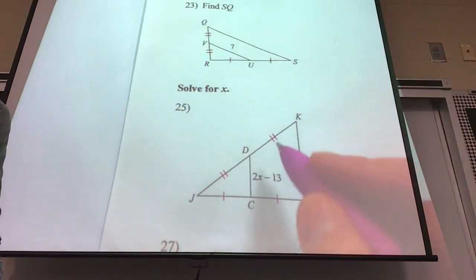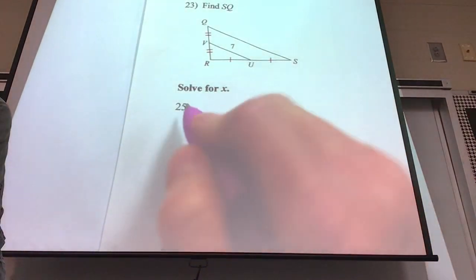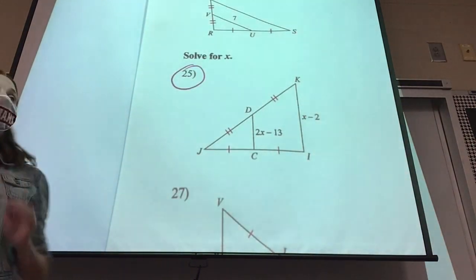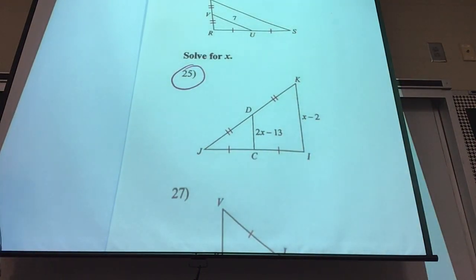So then your second piece is going to be down here, like number 25, same thing that we just got through doing. So again, your job is to solve for x. Yes, so right now, see if you can solve this one for x. Same exact problems that we just got through doing.